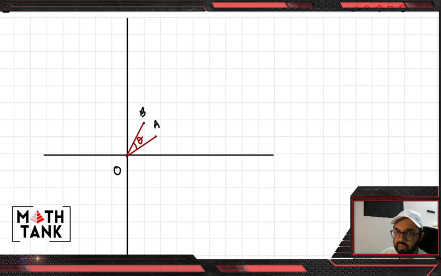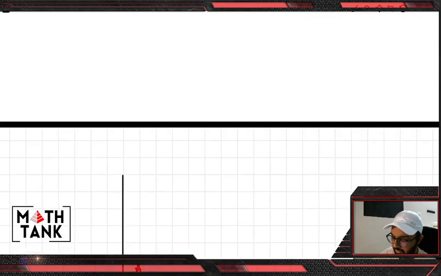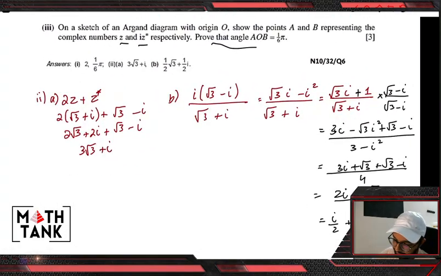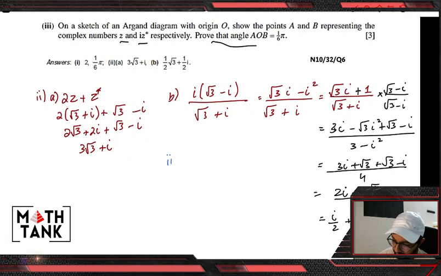Now remember that there could be various ways of doing it. One way is through just using arguments, and that is what I'm going to do because that's the simplest one. So if I calculate the argument of A, it's going to be this, and if I calculate the argument of B, it's going to be that. So now what I can see clearly from here is that I need to subtract A's argument from B's argument.